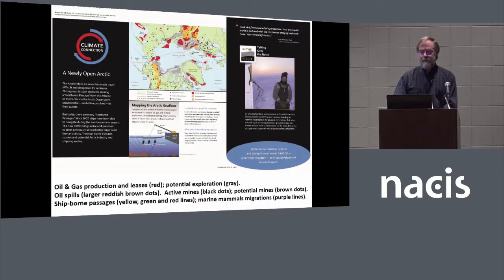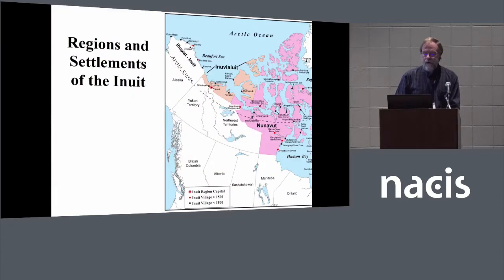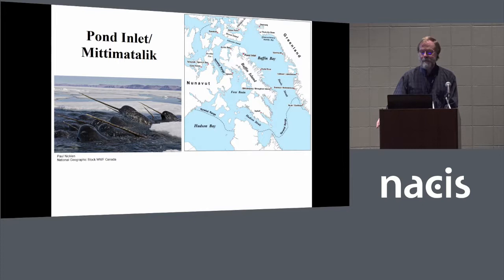We also have a map, with an extensive figure caption, that people can stop and study about all the industrial activity that's going on in the Arctic currently. And then regions and settlements. People are obviously aware that it's sparsely settled, but there are quite a few settlements up there, and it's one thing we wanted to get across to people.